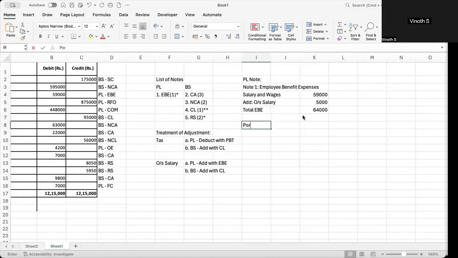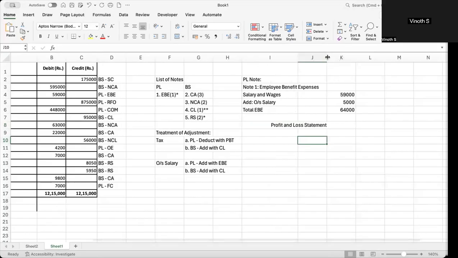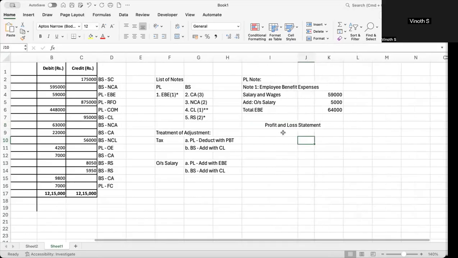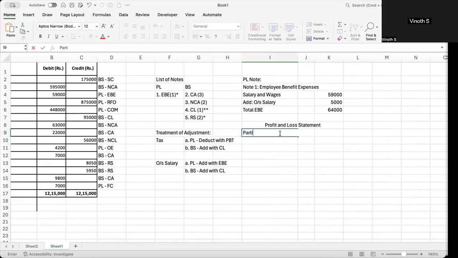Next, we are going for the profit and loss statement. Once we are preparing the profit and loss statement, we need a little bigger column for the particulars, then notes, and amount. Now the first item is revenue from operations.